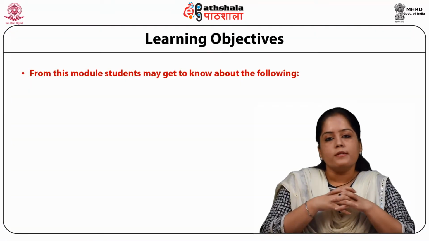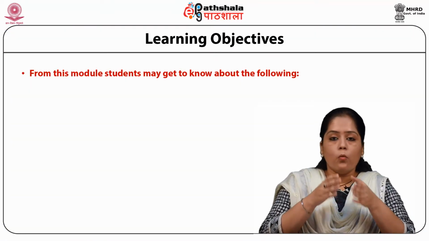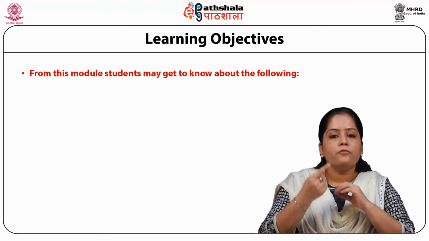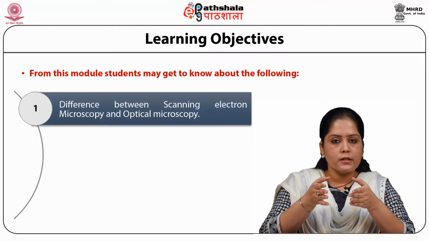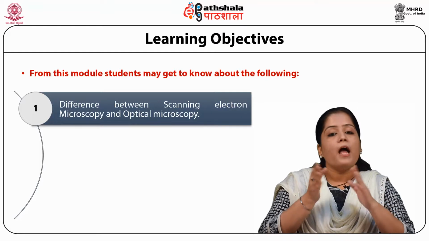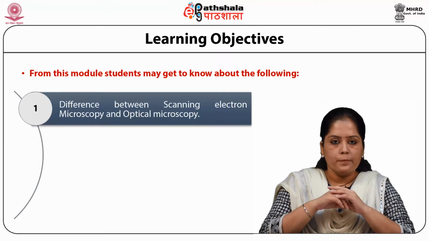So students, today we are going to discuss the module Scanning Electron Microscope, SEM, from the paper Physics at Nanoscale. Let us see what we are going to learn in this module. First, we'll differentiate between scanning electron microscopy and optical microscopy.